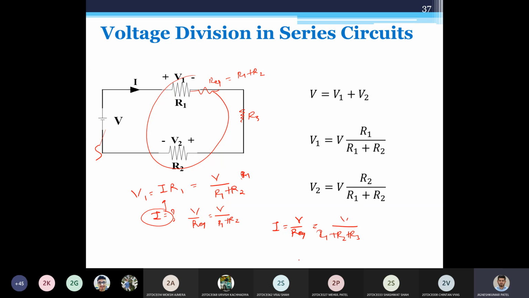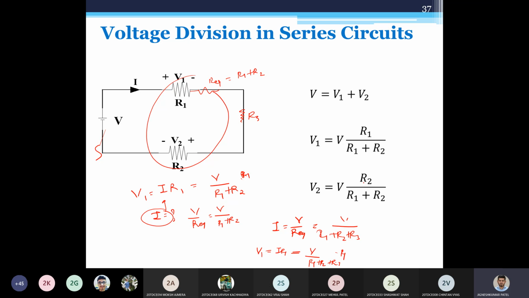So I is V upon R1 plus R2 plus R3. Now again, what is V1? V1 is still the same, I into R1. There would be no change here. If I substitute I, V1 is equal to V upon R1 plus R2 plus R3, into R1.